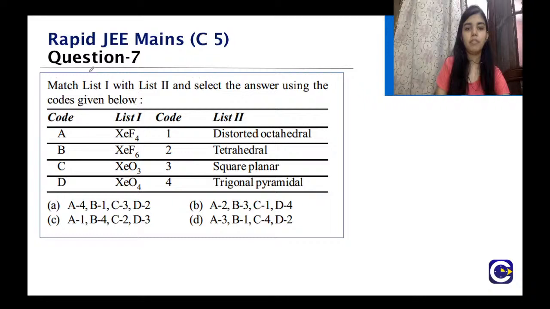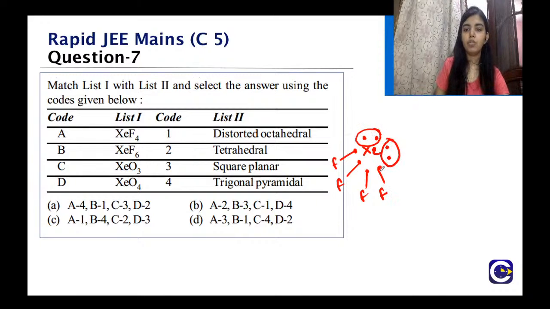Question number 7. This is from chemical bonding. So list 1 and list 2 need to be matched. So there are the structures basically here. So XeF4, if you take, how many electrons? 8, right? So 1, 2, 3, 4, 5, 6, 7, 8. Fluorine, single bond it will make, 1, 2, 3, 4. 2 lone pairs of electrons.